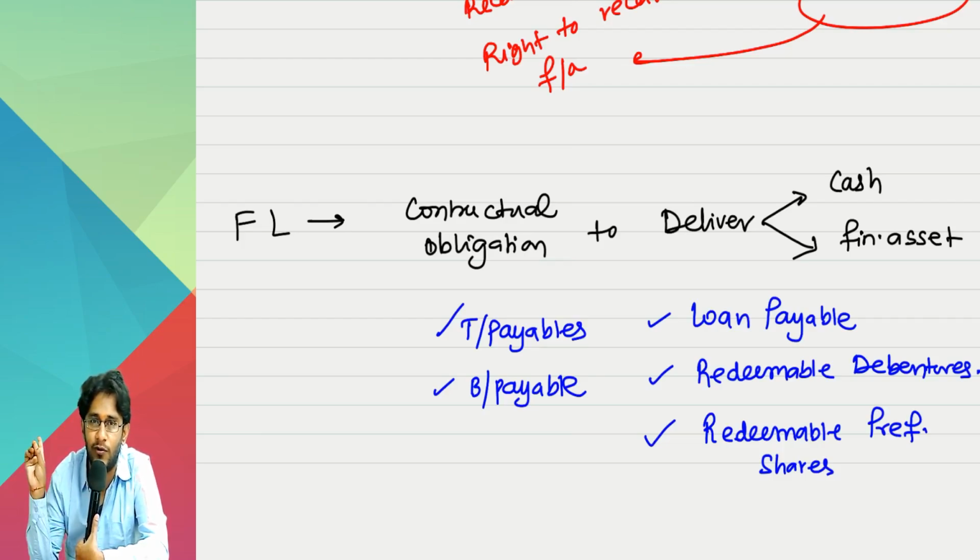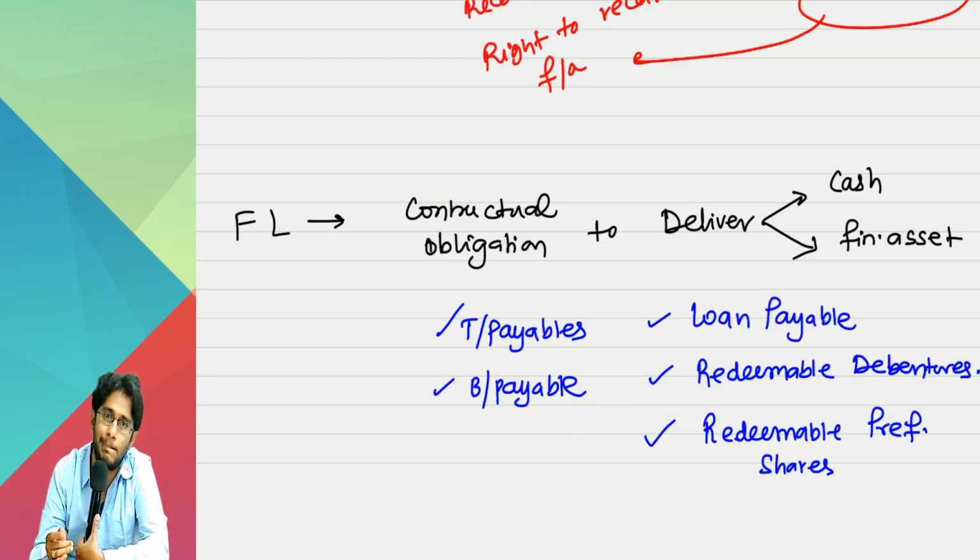Don't think about whatever is written there, the other definition. Think based on the concept, no mind application. It is a financial liability. Are you obligated to pay contractually? Yes. Outstanding expenses, yes, you have a contractual obligation to pay.